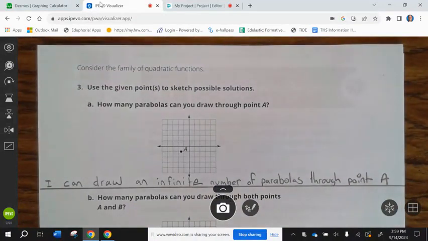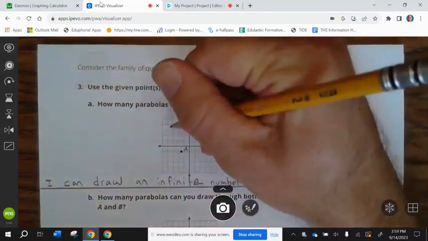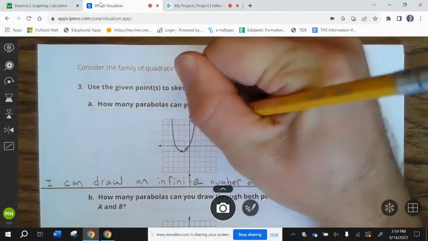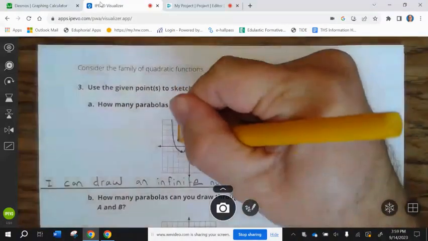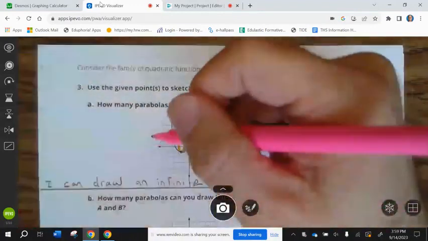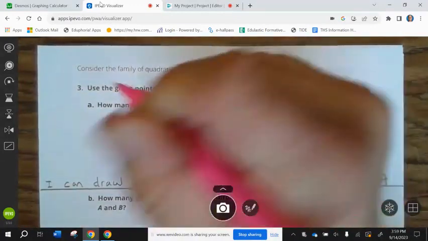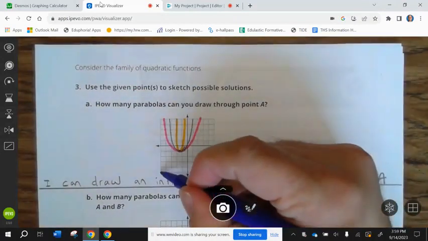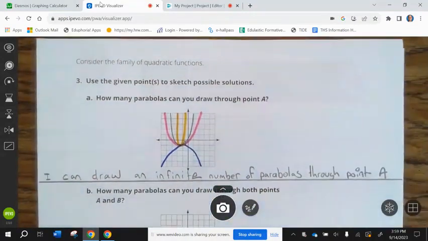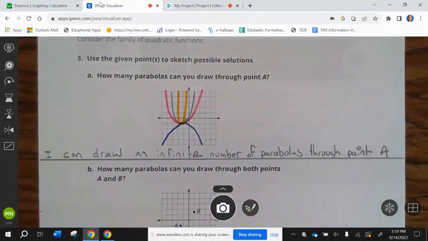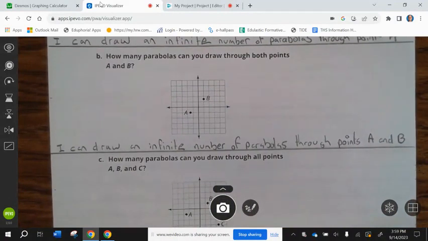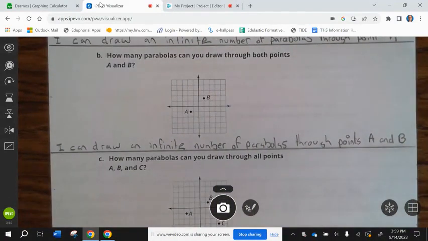Use the given points to sketch the possible solutions. How many parabolas can you draw through point A? I can draw an infinite number of parabolas through point A. How many parabolas can you draw through points A and B?